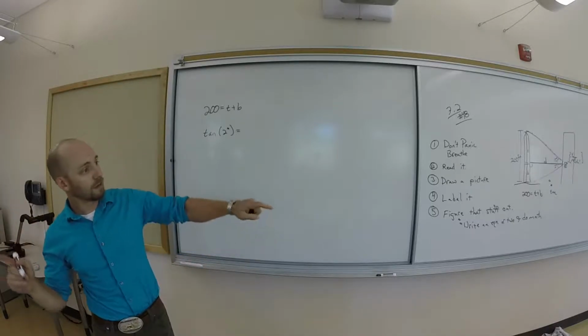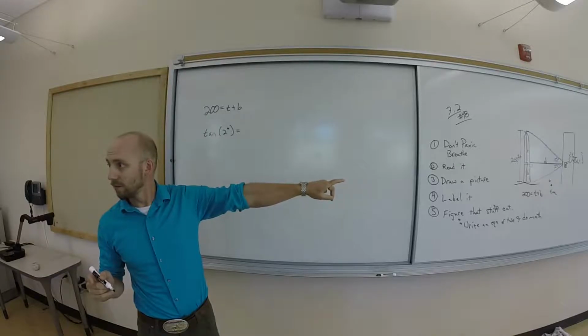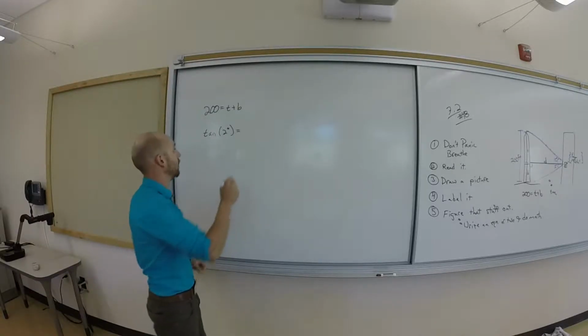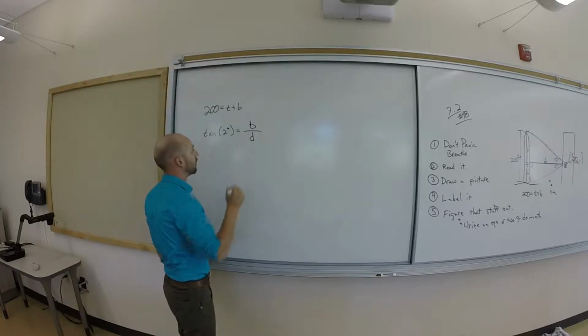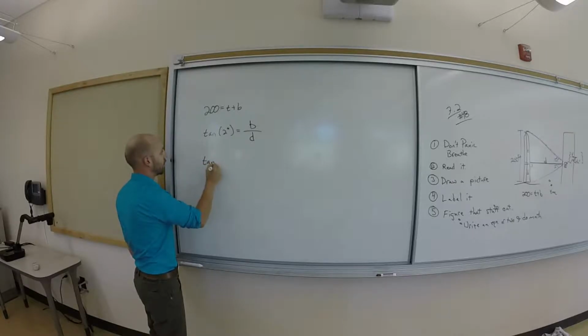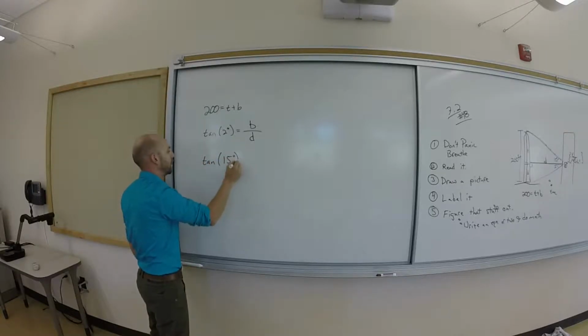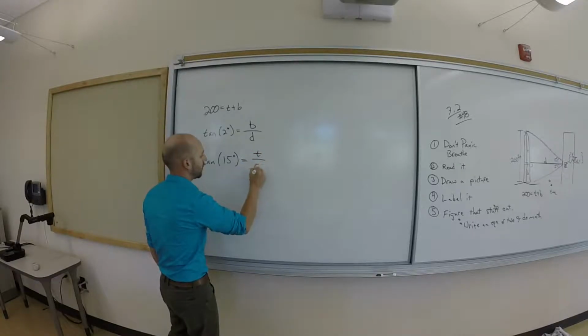That would be 2 degrees at the bottom one, so that would be the opposite of 2 degrees, which is B over D. Okay, and what's the other one? Tangent of 15 degrees is T over D.